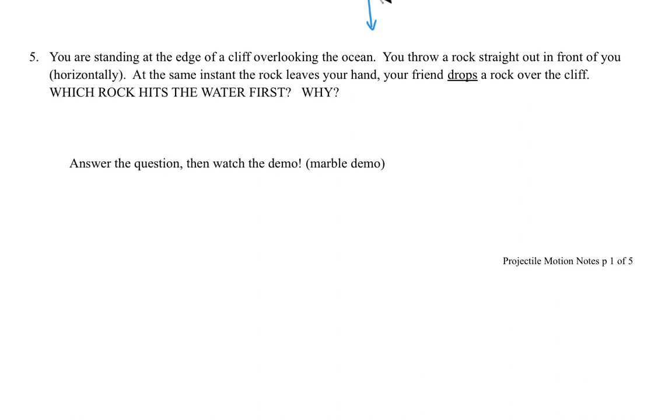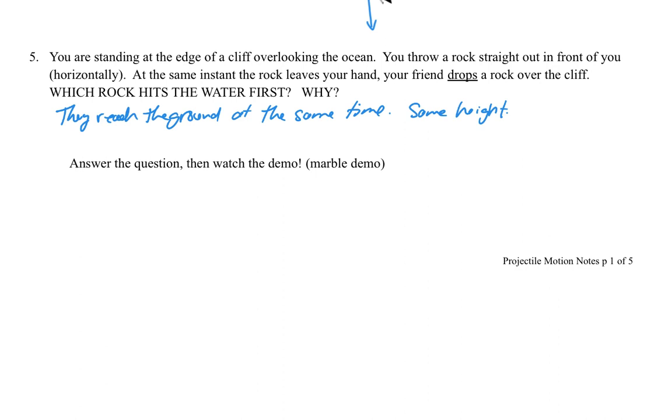Okay, you might be surprised to find out that both rocks reach the ground at the same time. And that's really key. Now let's think about why. First of all, they're both released from the same height. So they have the same height. That's pretty obvious.